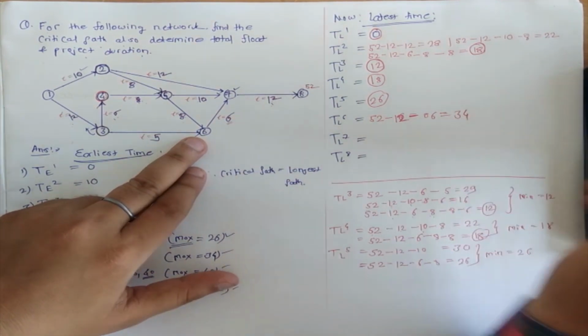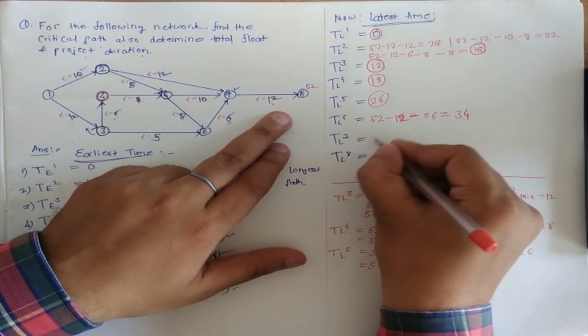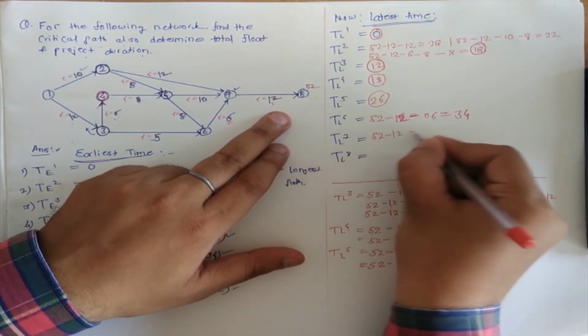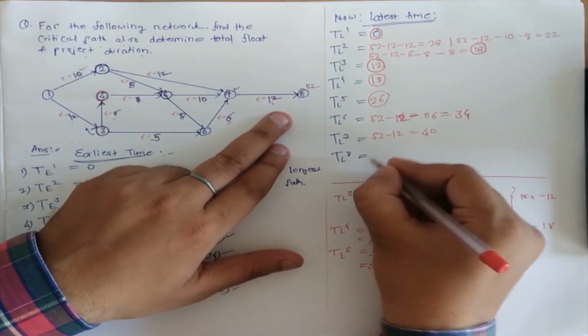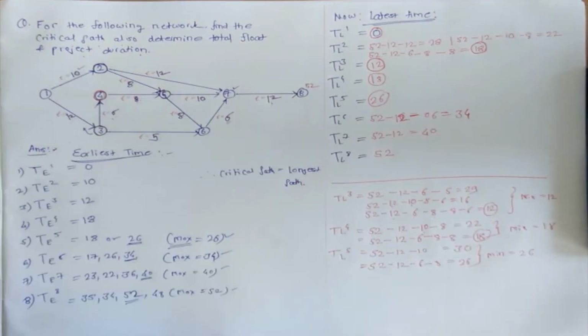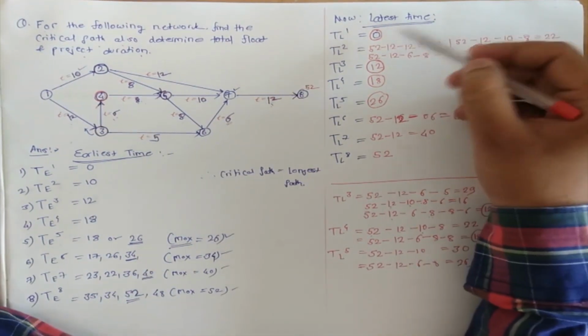And for the next, it is only 52 minus 12, so it is coming out to be 40. There is no other path, and for the last it is 52. So by this way we have just now calculated the latest start time.